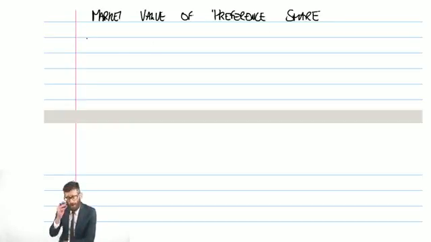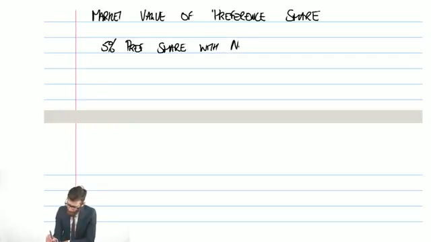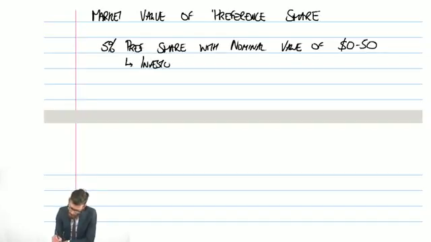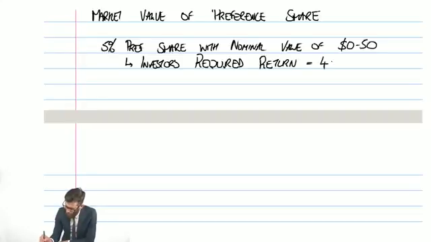There is no growth because the preference dividend is fixed each year, and if you were to see in a question a 5% preference share with a nominal value of 50 cents where investors' required return is 4%, then the value of a preference share is simply the dividend divided by the required return.